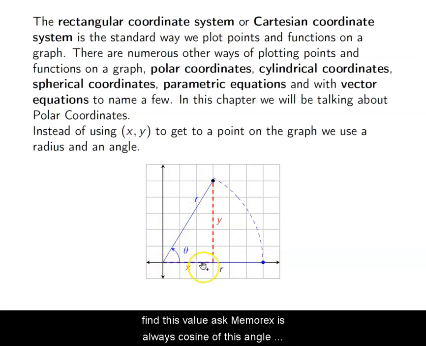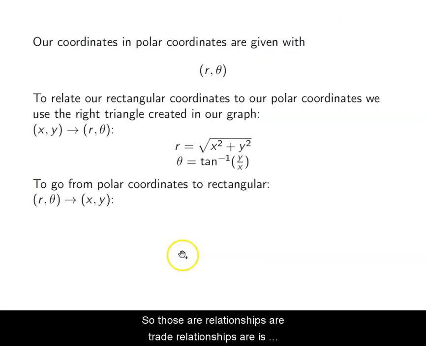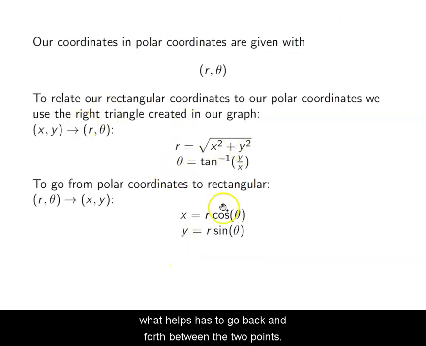So if I want to find this value, x, remember x is always cosine of this angle, but I'm also stretched by a value of r. So it's r times cosine of theta, which is x, right? Y is going to be the same thing. It's r times the length of y, which is always sine of theta. So those are our relationships. Our trig relationships are what help us go back and forth between the two forms.